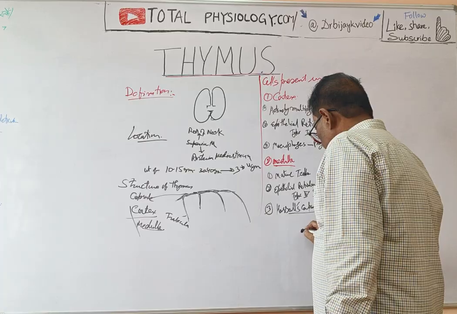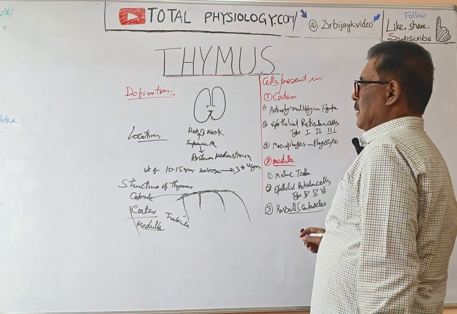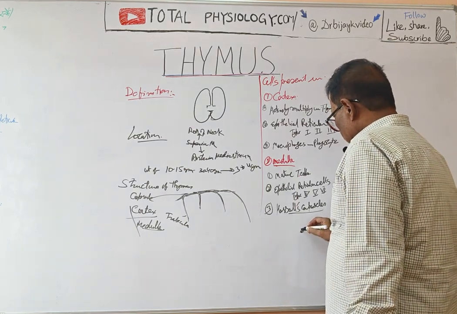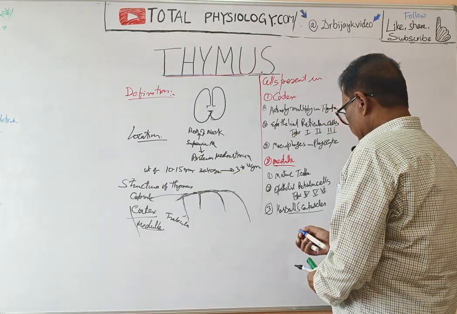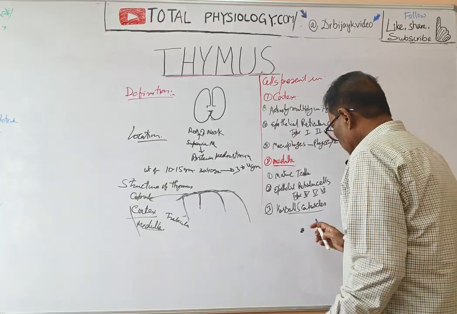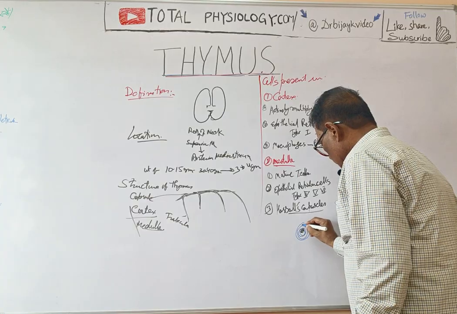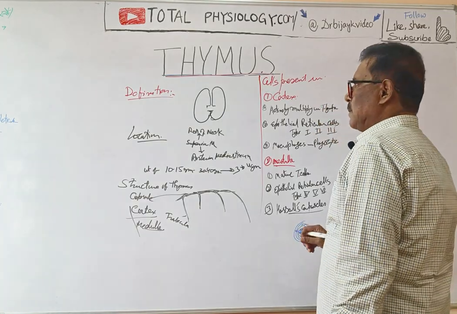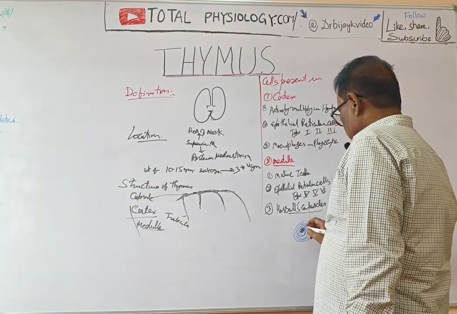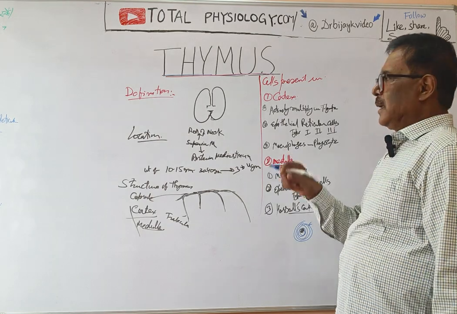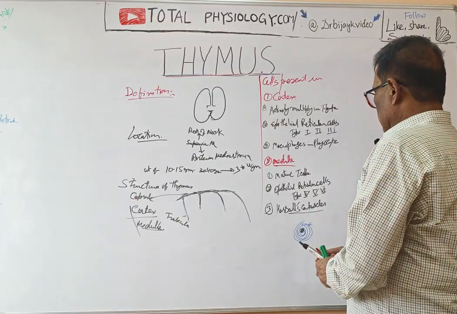In the center, ossified or hyaline substance is present, and this is surrounded by concentric rings of keratinized epithelial reticular cells.